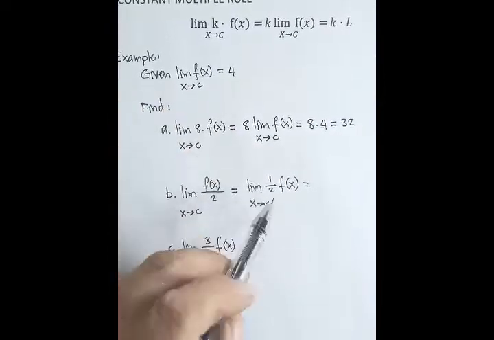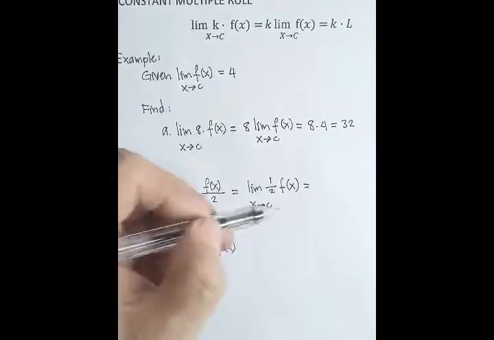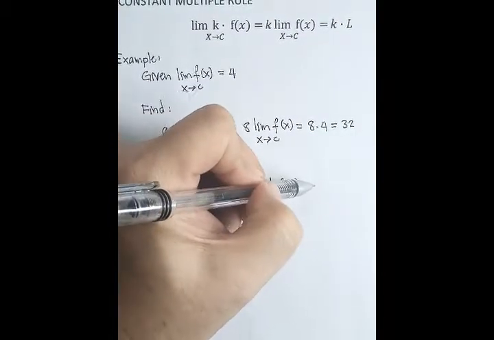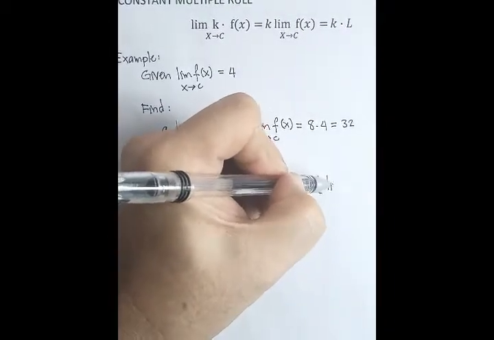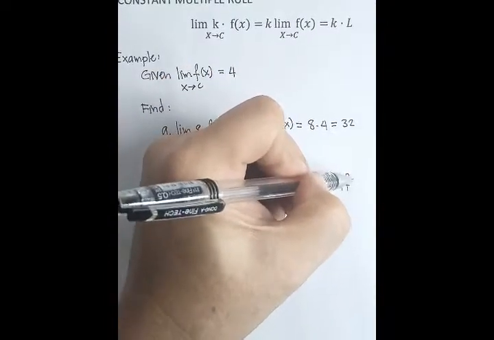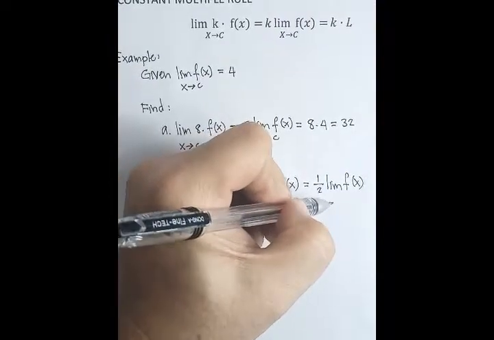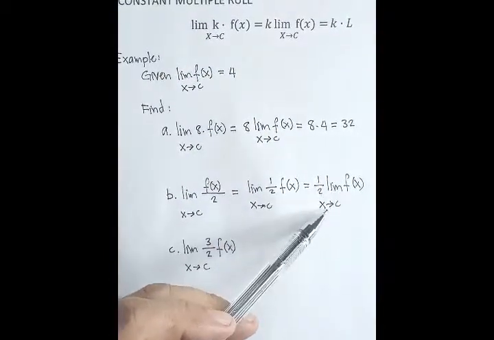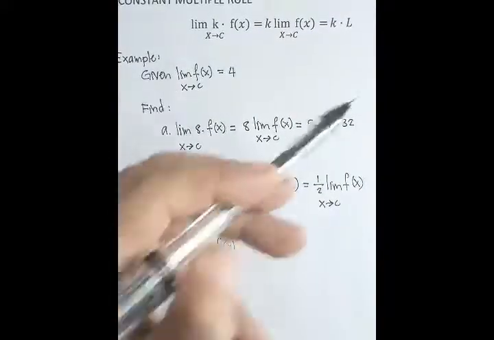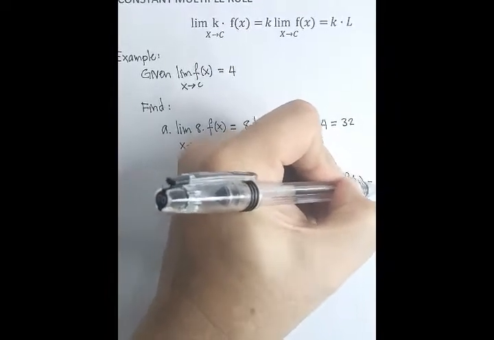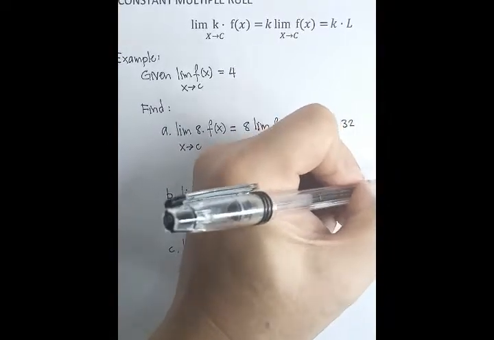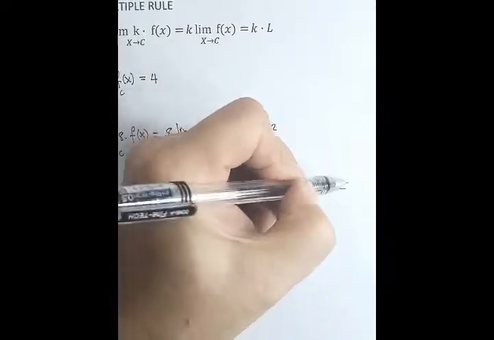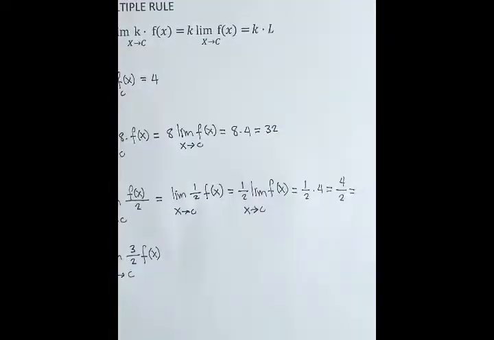We write the 1/2 outside the limit. Since the limit of the function of x as x approaches c is given as 4, we have 1/2 times 4, or 4/2, which is equal to 2.